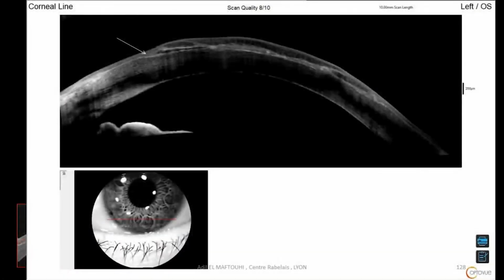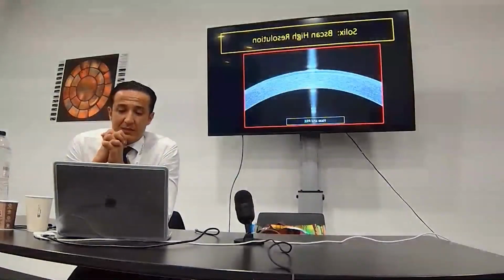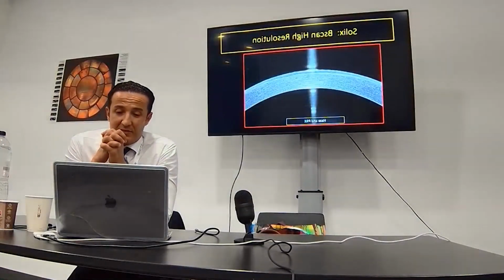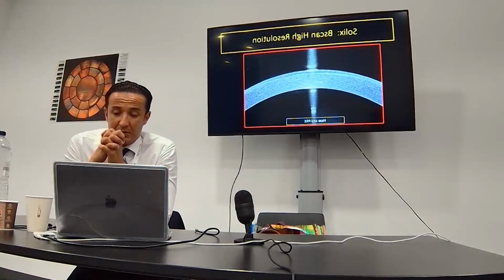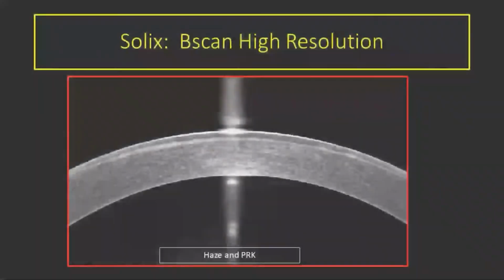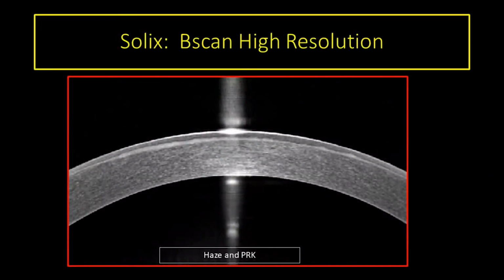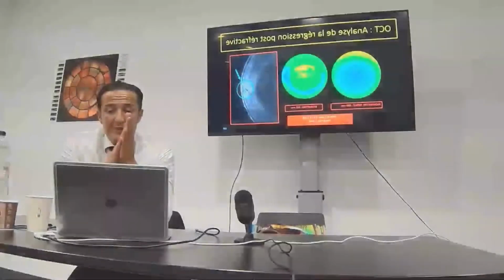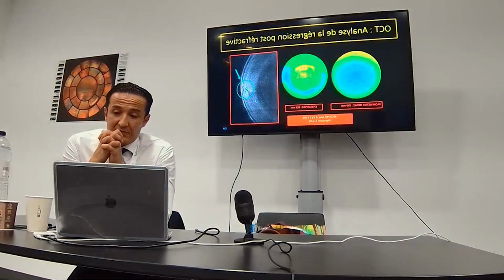In PRK, you can see very well the haze thanks to the high resolution of the Solix, and you can make the merger to identify the location of this opacity. And you can also make the screening and the assessment of the refractive regression.